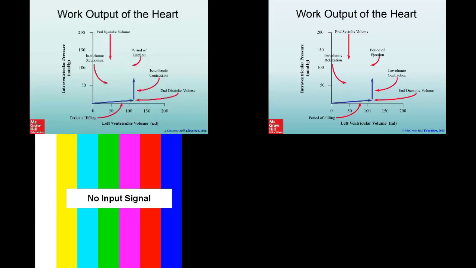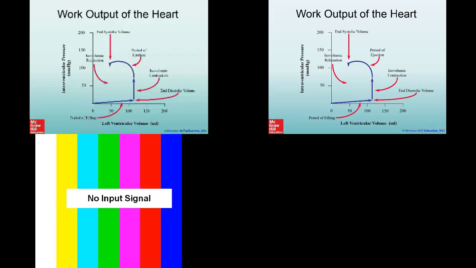You haven't generated enough force to push that open yet. Once you do, that begins the period of ejection. Now, pressure is still going to increase because the ventricle is contracting still. Blood is going to be forced into the aorta.